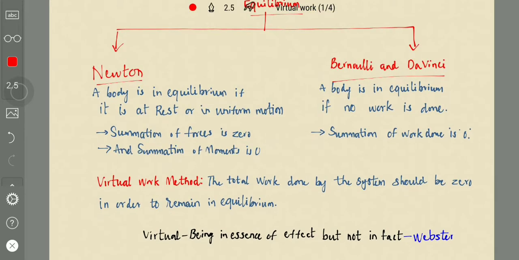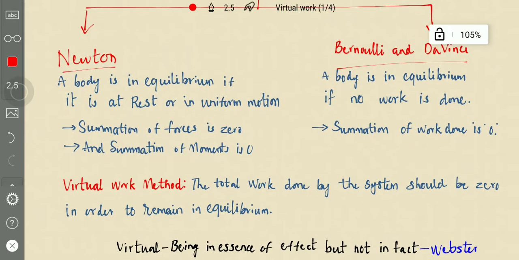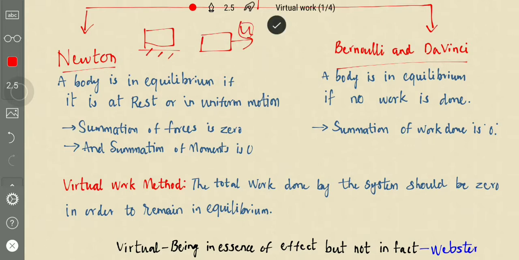A uniform motion is one which travels with a constant velocity, some velocity u. Then the body is said to be in equilibrium.